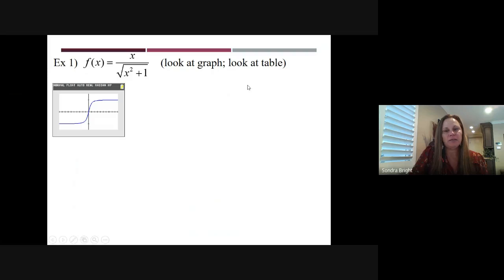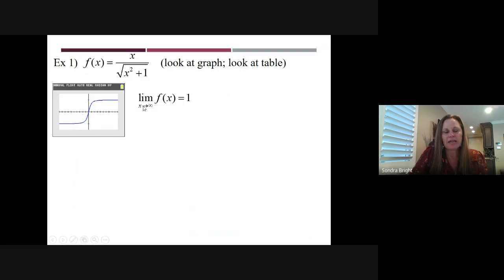And to look at it even better, which I don't have a picture of here, if you were to go to table, which is second and then graph, you'll see in blue writing above the graph button, you'll see table. You could put in a bunch of values that are getting larger and larger.